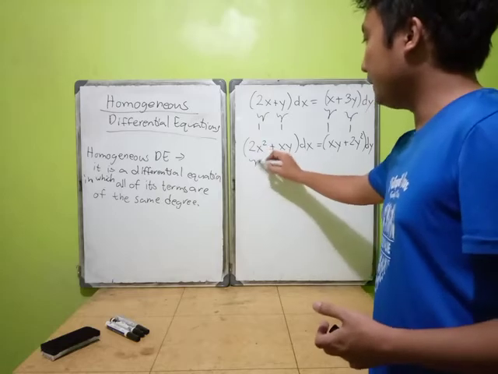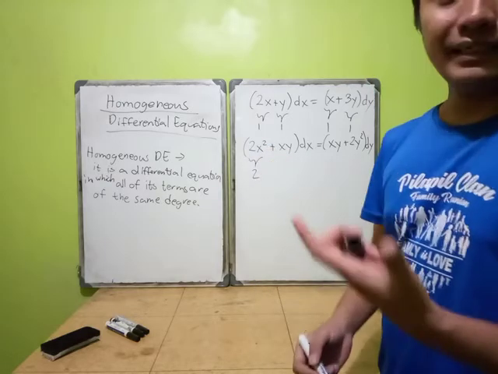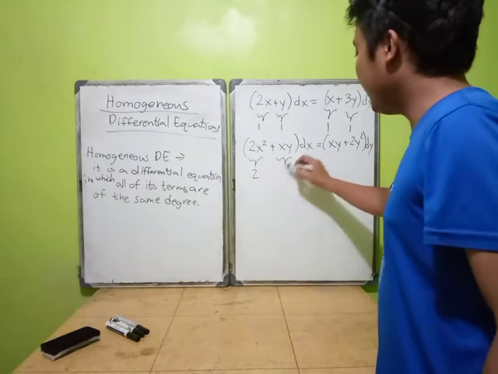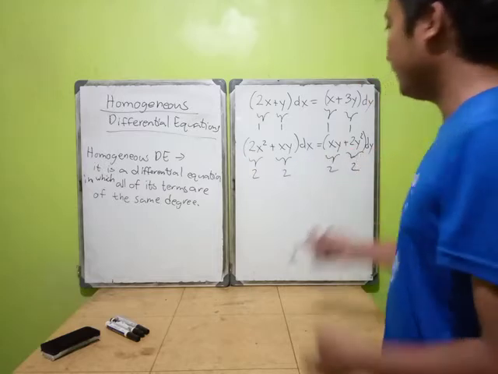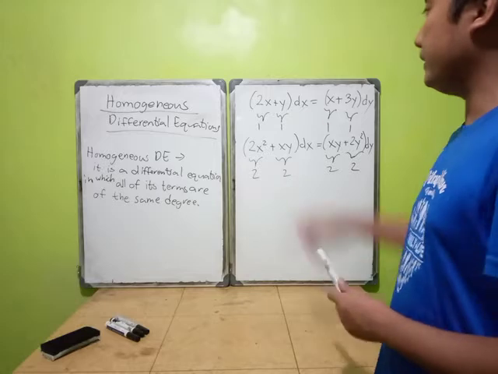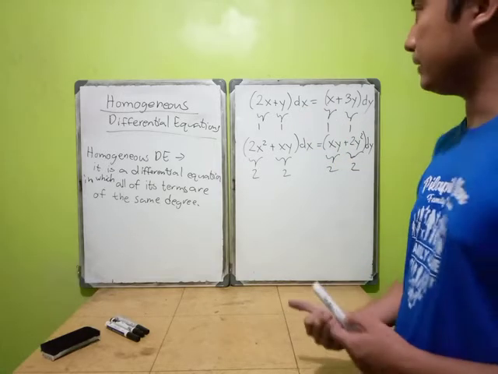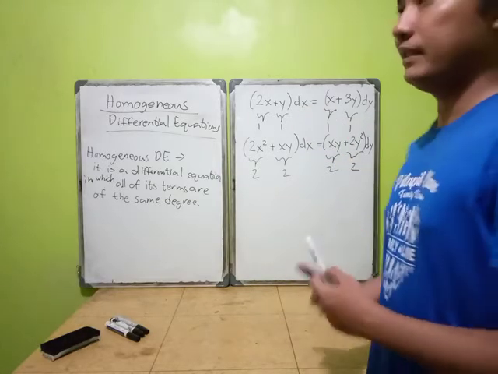Ito naman, this has degree of 2. Ito may degree of 2 din, and this has degree of 2. So, we can say that both of these differential equations are homogeneous differential equations.